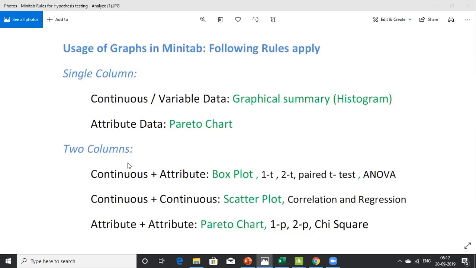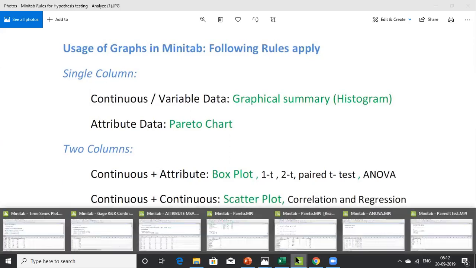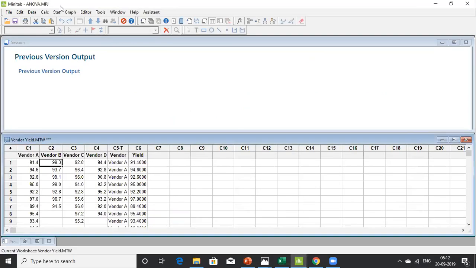If you have more than one column, which means you have a continuous Y and discrete X, for example, then you go for a box plot and a t-test instead of the chi-square that I was doing, right? And that's something you will see here.